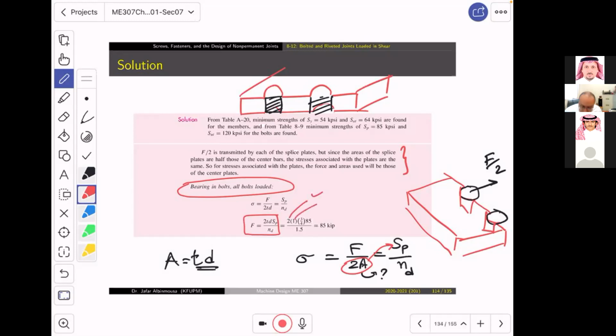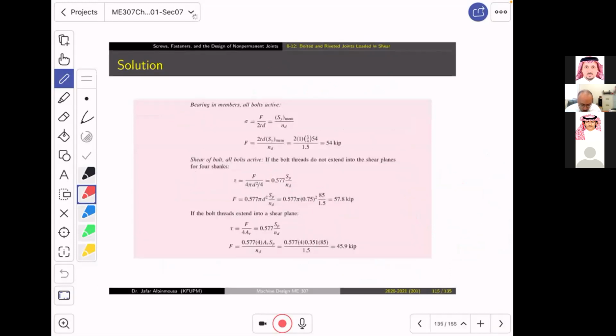The thickness is 1. We agreed that it is 1. And then the diameter of the bolt, which is 3 over 4. And then 85 is the proof strength for SAE grade 5, divided by the factor of safety. How much can I apply? 85 kilo-pound. Not ksi, it's a force. It's a kilo-pound. Okay, now I go to the next one.